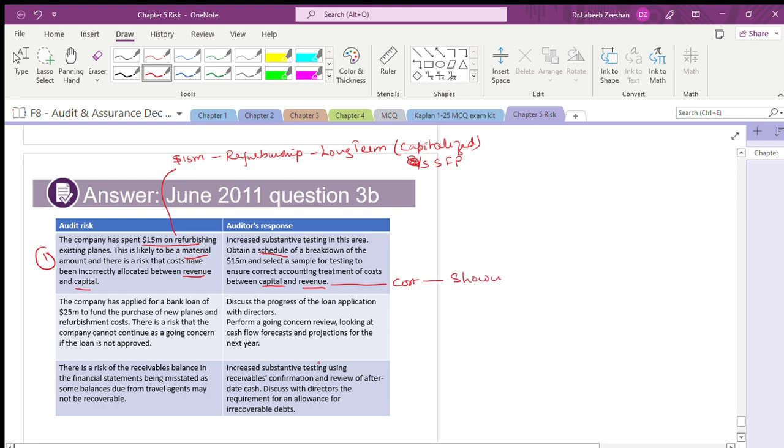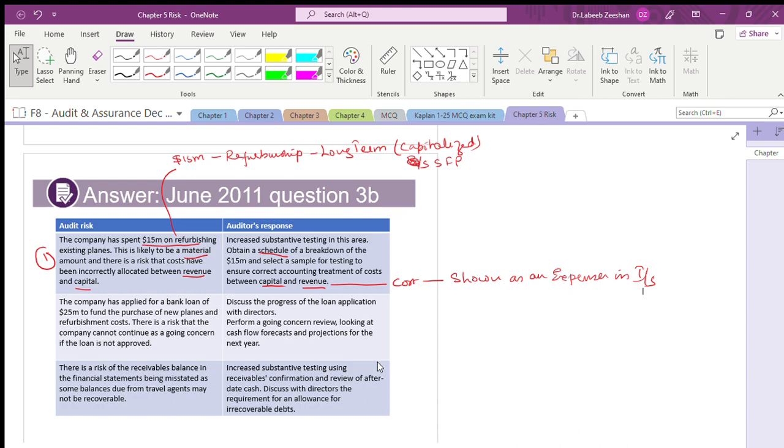Don't say revenue is the sales. Less than 1 year, it is revenue cost. More than 1 year, it is a capital cost. Don't mix it with revenue as sales. It is not like that.